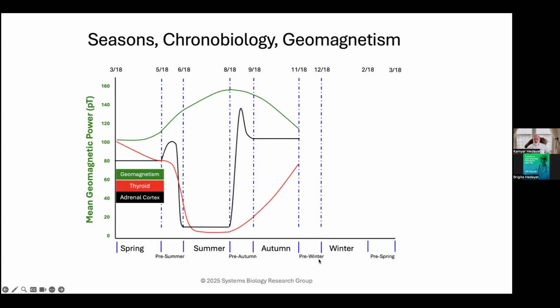And now we have the need to adapt the organism for winter. And geomagnetic activity continues to fall. And once again, we see a rise in adrenal cortex activity, which then levels off. And as you might suspect, there is a commensurate rise in thyroid activity.